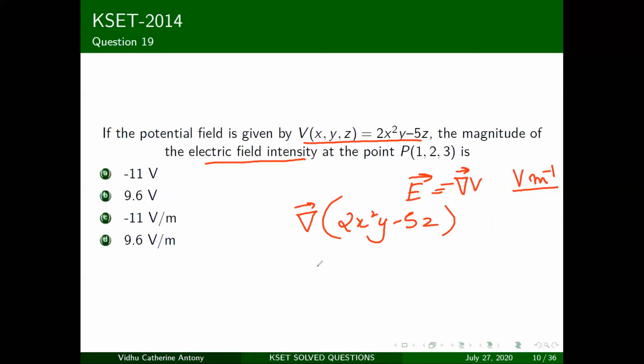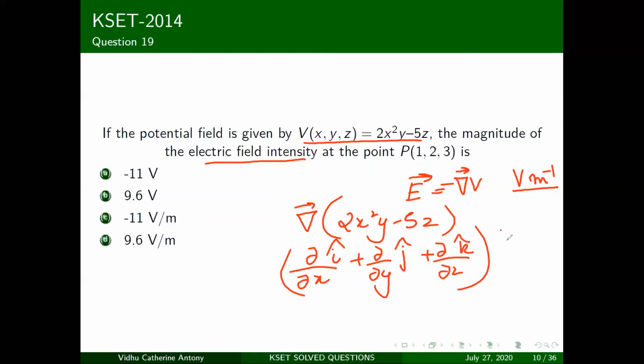Let's just calculate it. So you have dou by dou x i cap plus dou by dou y j cap plus dou by dou z k cap, and then you have 2x squared y minus 5z. So you apply it onto here, so you get 4x, and you also have a y, and then you take this and you apply it onto here, so you end up getting 4x.